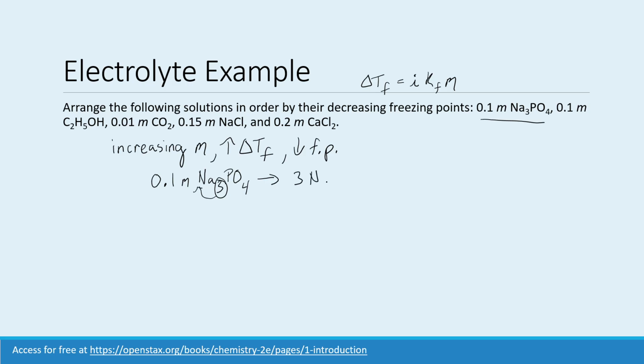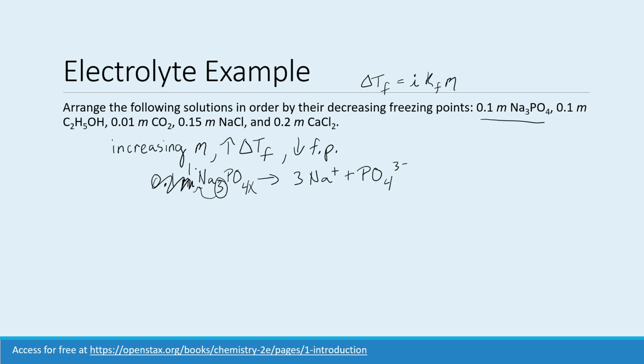Remember, the subscripted 3 from that sodium becomes your coefficient. And so we get 3 sodium ions, and we do not touch the subscript of a polyatomic. So that stays as our phosphate ion with a 3 negative charge.